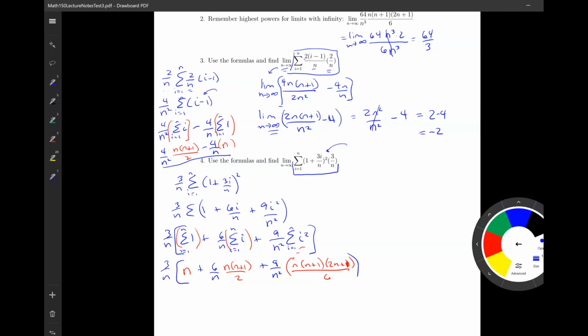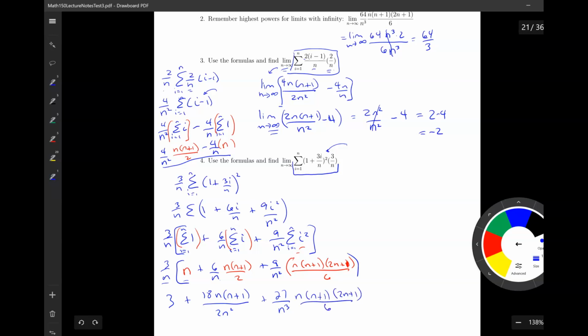So let's distribute this 3 over n inside. This times this gives me a 3. This multiplied in gives me 18n, n plus 1 over 2n squared. And I could probably cancel a little more. I'm just going slow so I don't make a mistake. Plus, this will give me a 27 over n cubed, n times n plus 1, 2n plus 1, all over 6.